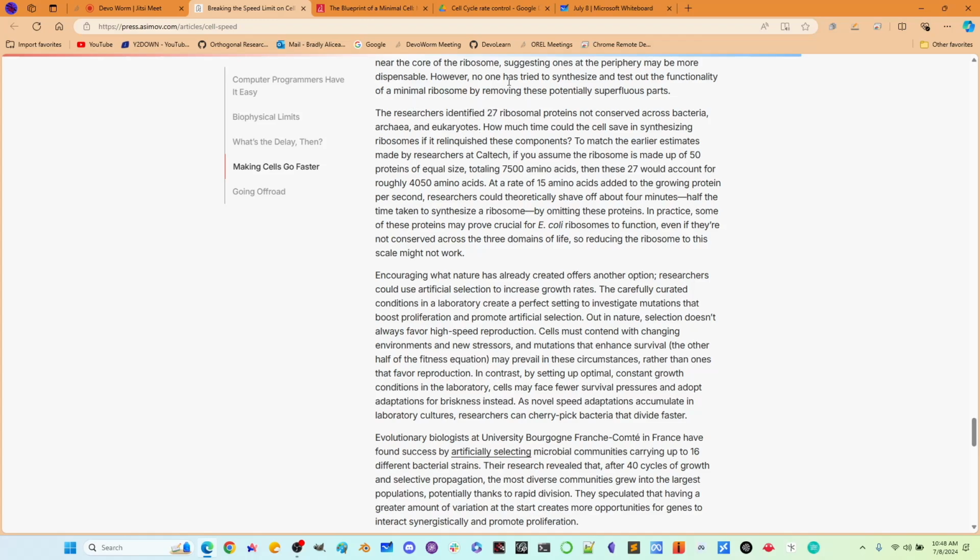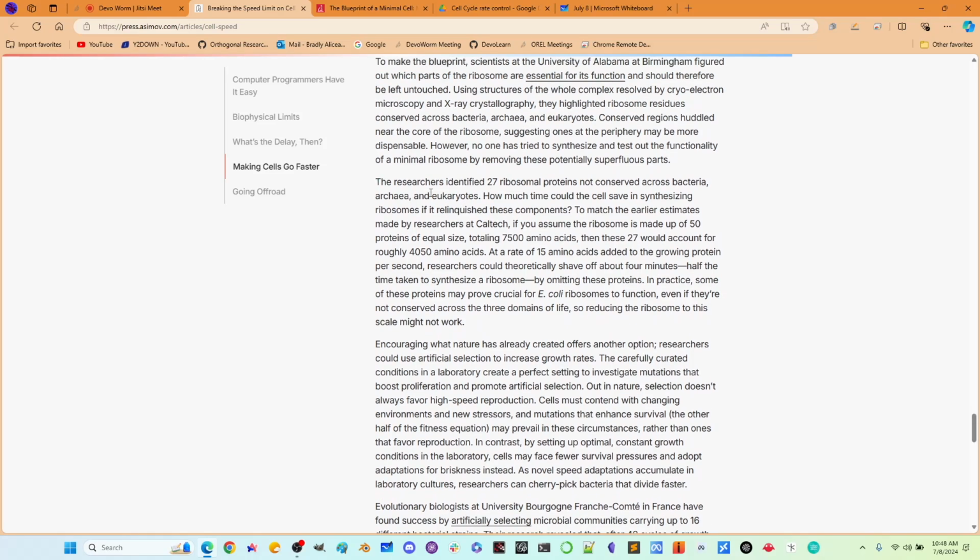The researchers in this study up here, which I won't get into, identified 27 ribosomal proteins not conserved across bacteria, archaea, and eukaryotes. How much time could the cell save in synthesizing ribosomes if it relinquished these components that are not conserved? So this is where we're getting rid of all the adaptations and getting a core ribosome structure.